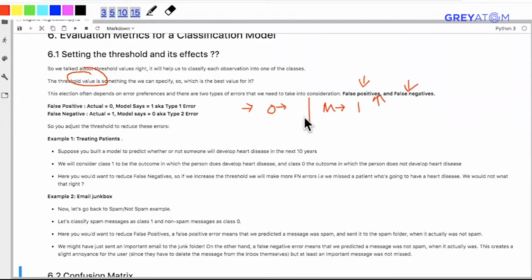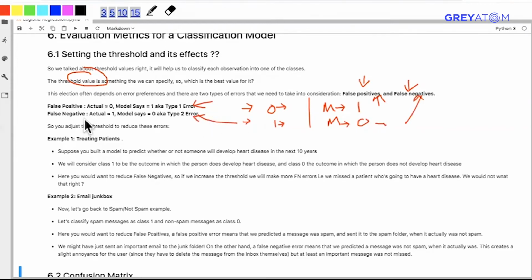My model is falsing on the positives. This is also known as type 1 error. The second error is false negative, wherein in actual data my label is 1, but my model says, no, it's 0 when we predict. So this is a false negative error, also known as type 2 error.